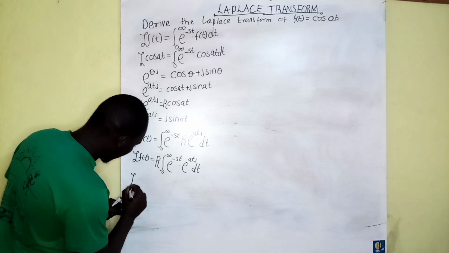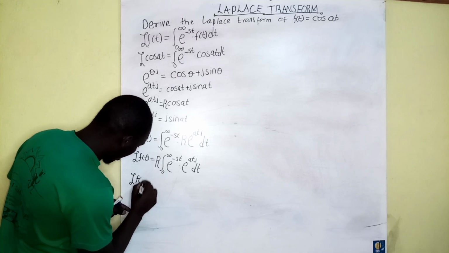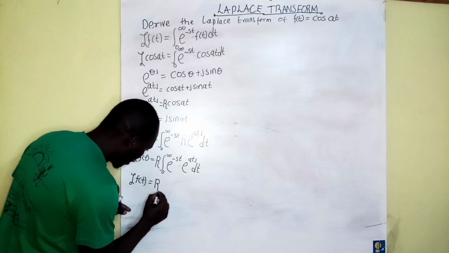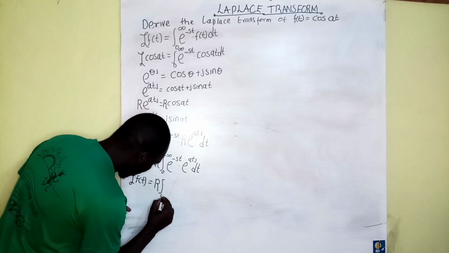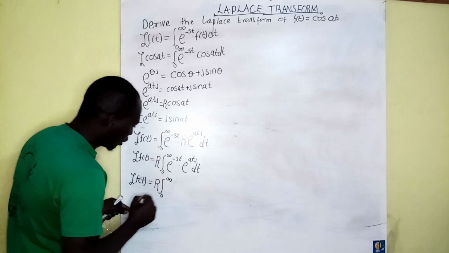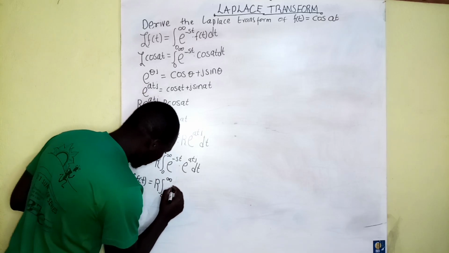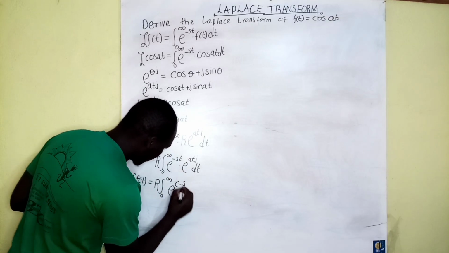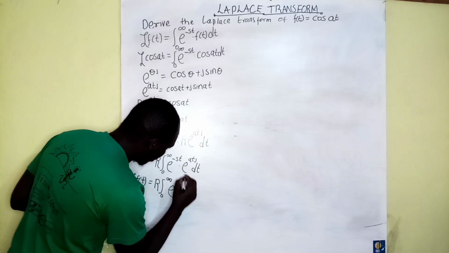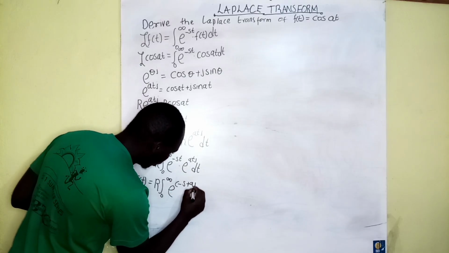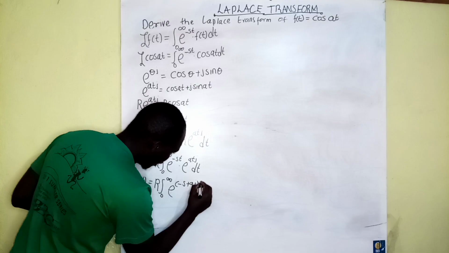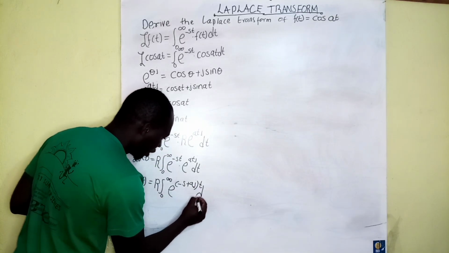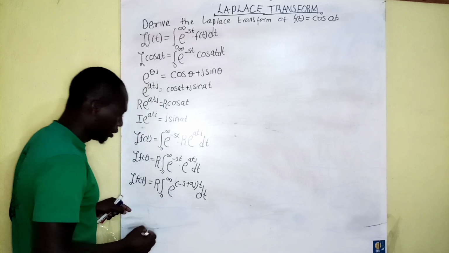The Laplace transform of our function f of t is going to be equal to r, integration with respect to our limits, of exponential negative s added to aj, where we factor out our term of t, and our integration here was with respect to dt.